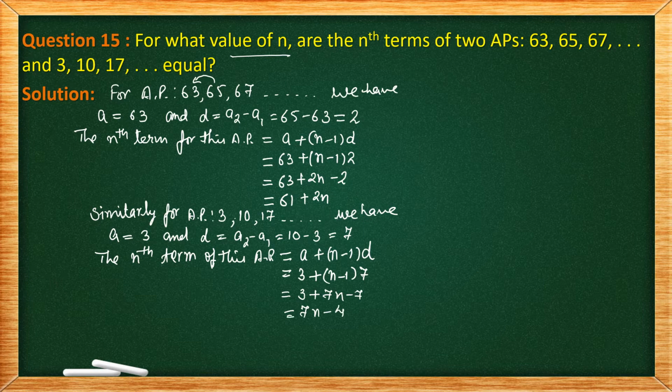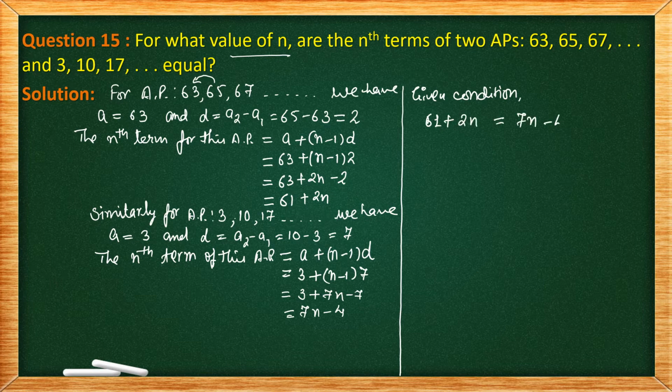Now as per the given condition, the nth terms of both of the APs are equal. So 61 plus 2n is equal to 7n minus 4.